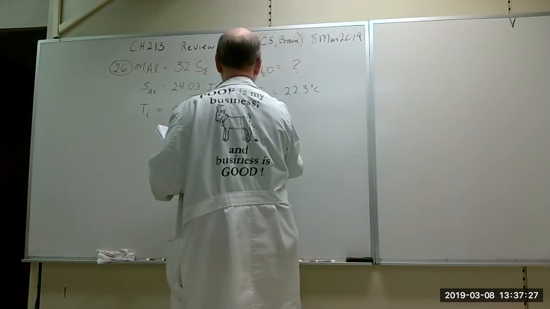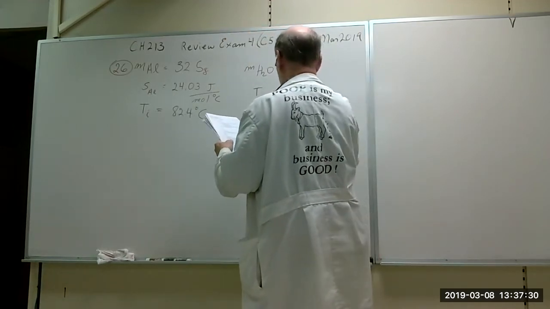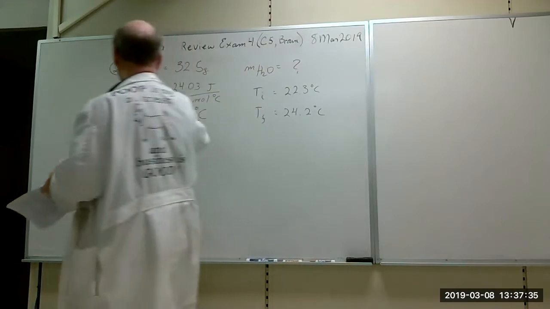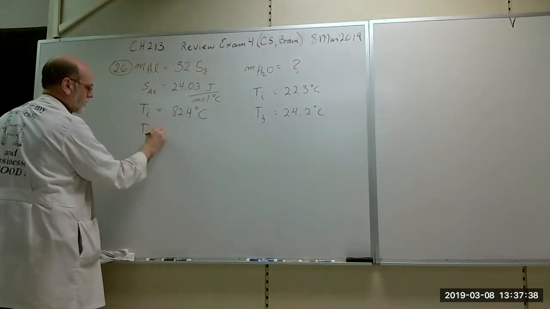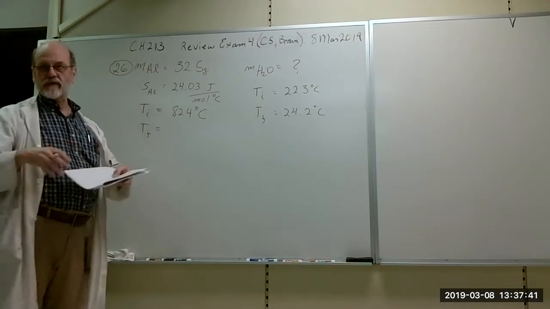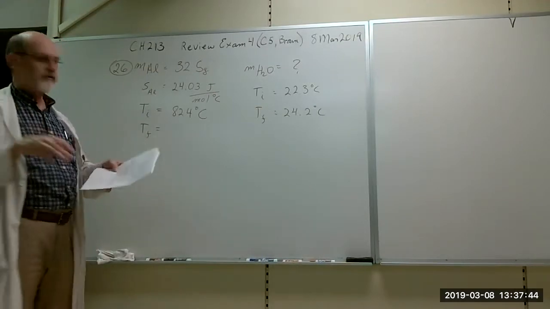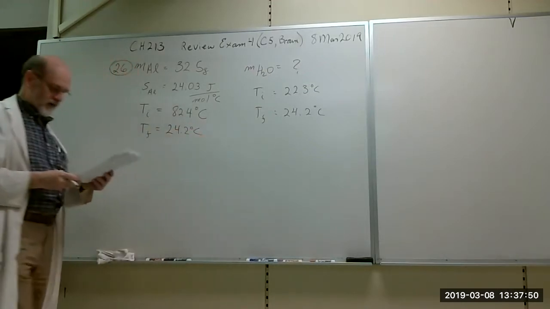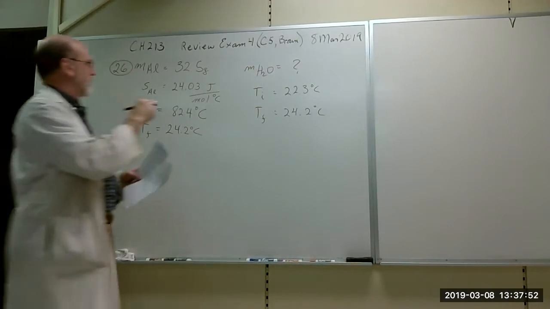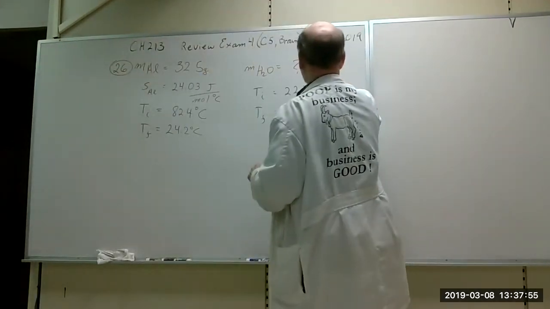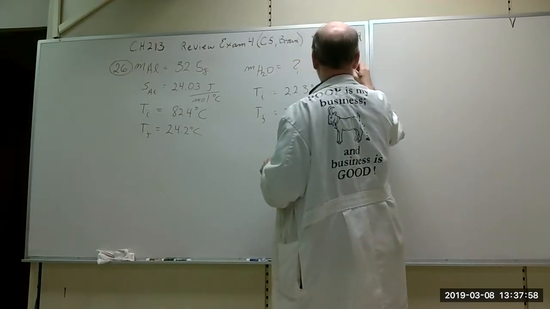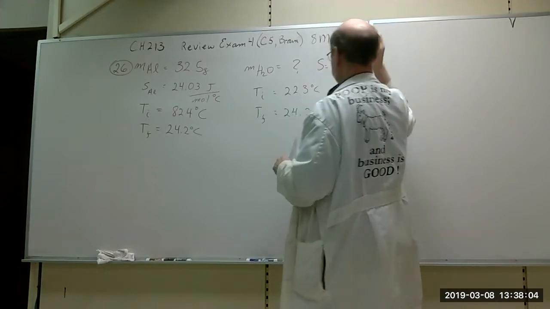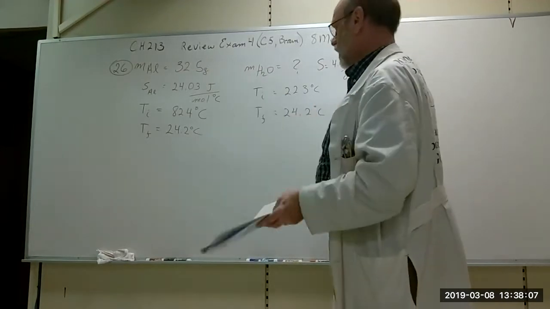And we know the final temperature, which is 24.2 degrees C. That's also the final temperature of the aluminum. Because when we drop the aluminum in there, we wait till things just stop changing. They equilibrate, so they're both at the same final temperature. Okay? That's everything we know except for the specific heat capacity of water, 4.18 joules per gram degree C. There we go. Okay, that's everything we know.